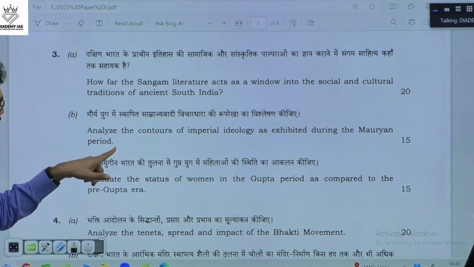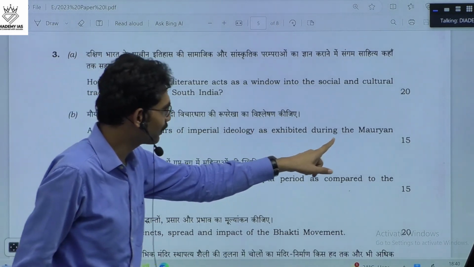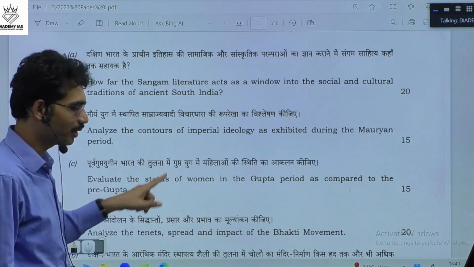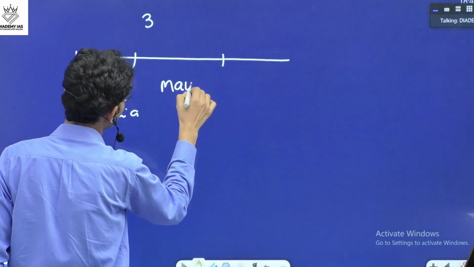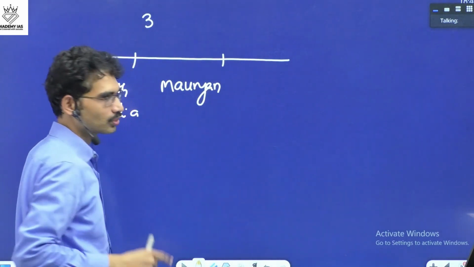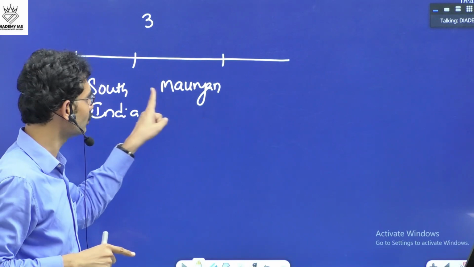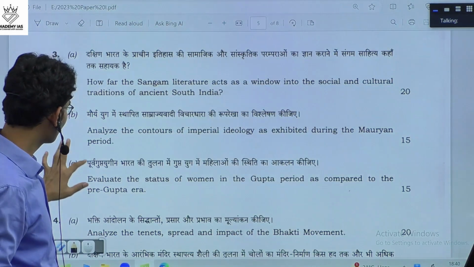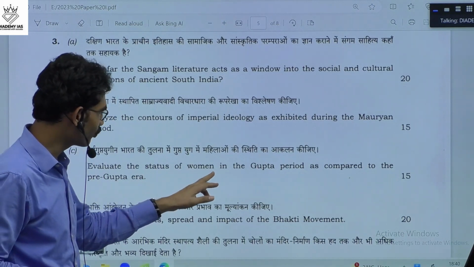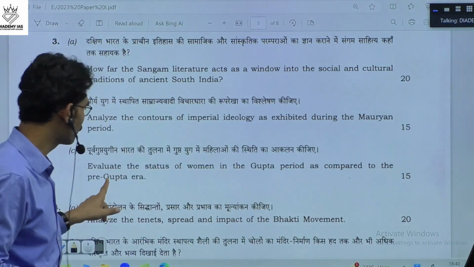Now come to the second one. Analyze the contours of imperial ideology as exhibited during the Mauryan period. Now it is talking about the Mauryan period. So if you want to attempt this question, you have to be thorough with the Mauryan Empire also, and with South Indian history also. And the third question: evaluate the status of women in the Gupta period as compared to the pre-Gupta era.